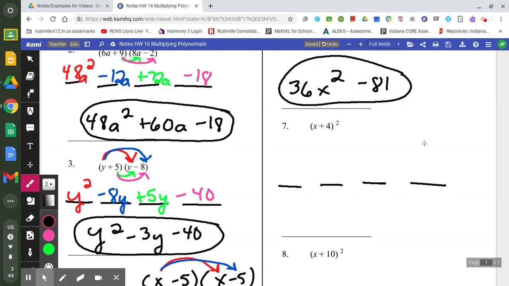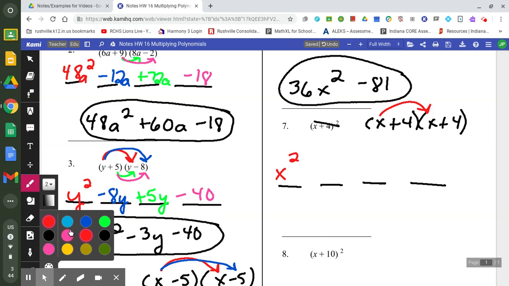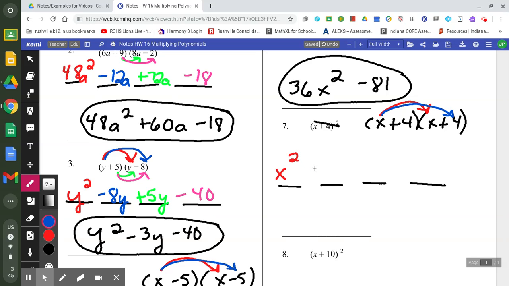Okay, and then number 7, again, I have the quantity squared, so I'm going to write x plus 4 times x plus 4 and not use that anymore. First term, x times x is x squared. Outside terms, x times positive 4, positive 4x.